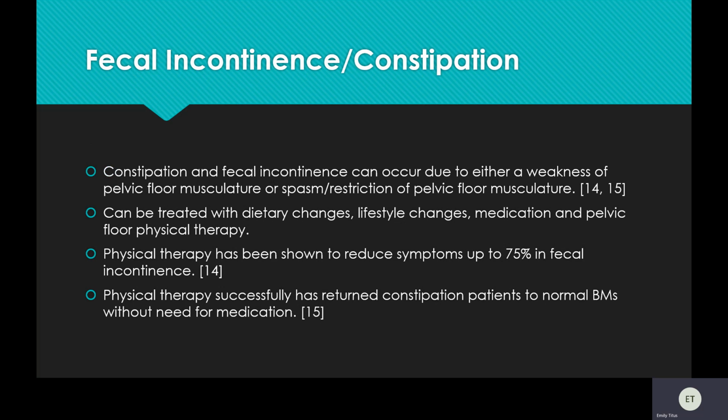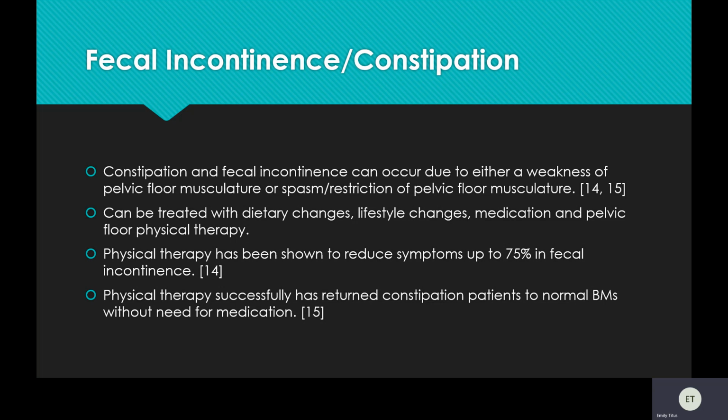So then we have fecal incontinence and constipation. These diagnoses can occur either due to a weakness of muscles or a restriction of muscles. What I mean by that is fecal incontinence, similar to urinary incontinence, is typically a weakness of the anal sphincter muscles, so they can't withstand the pressure of a potential bowel movement coming down the line to hold against that pressure.